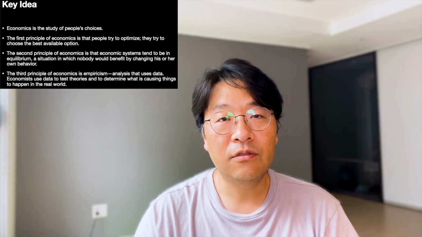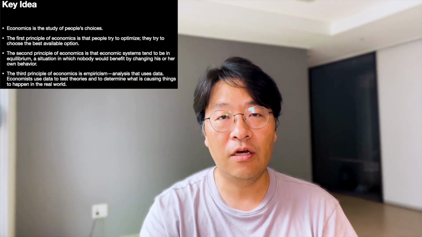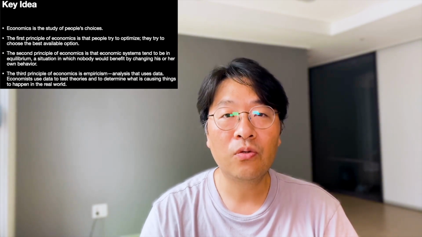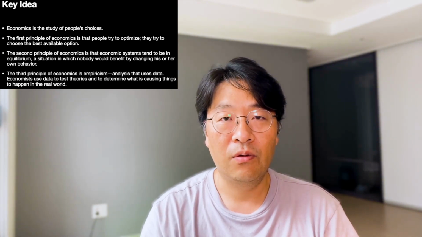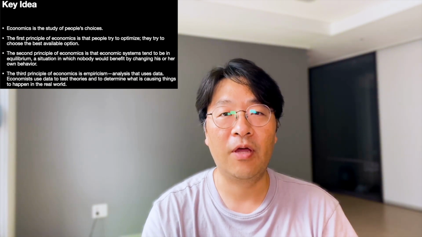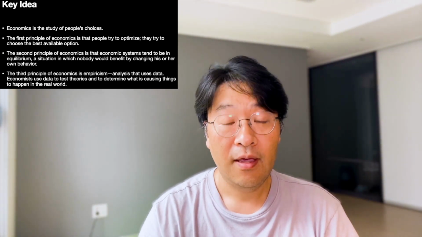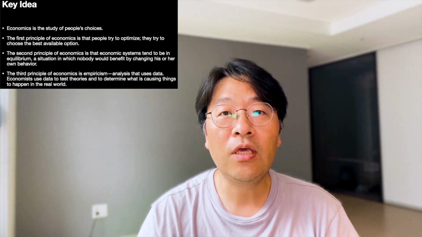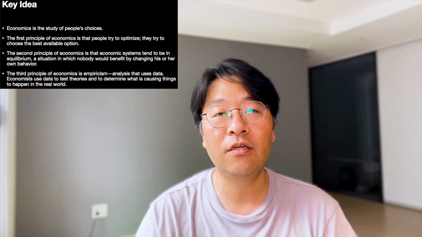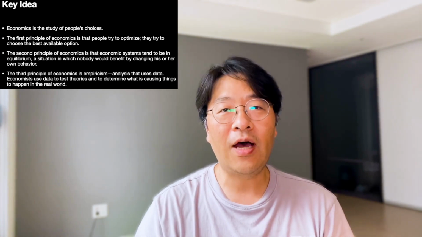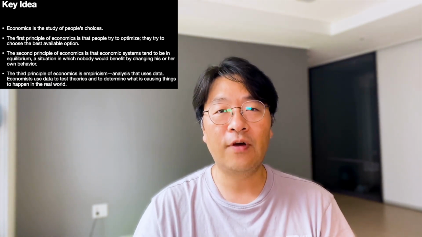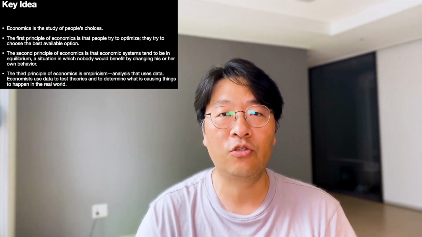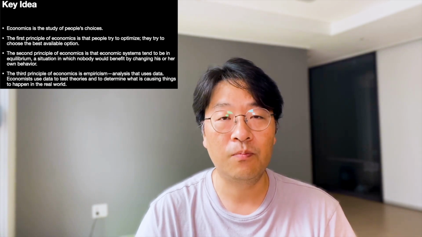So in general, every single economic agent, whatever player of the game, tries to optimize their behavior to make a better decision. And second, they get together and interact, and we try to find out where the equilibrium is. There is no incentive to move out. The situation we want to find is one where there is no incentive to move out from that situation. So that is the equilibrium.